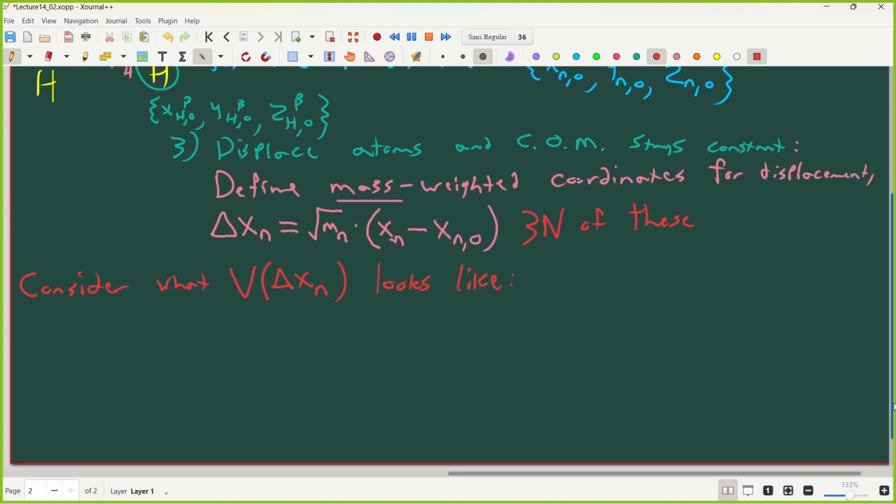We're going to approximate what the potential looks like at equilibrium, which is where there's no displacement, and calculate some approximation for the function around that equilibrium point. We're just going to move things a little bit away from equilibrium and see how the energy changes.